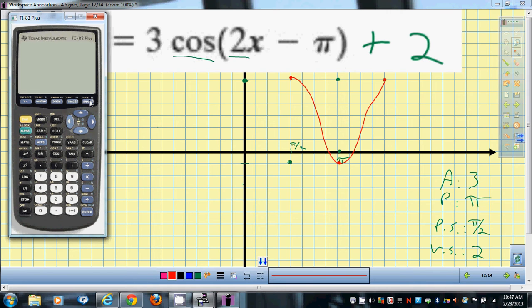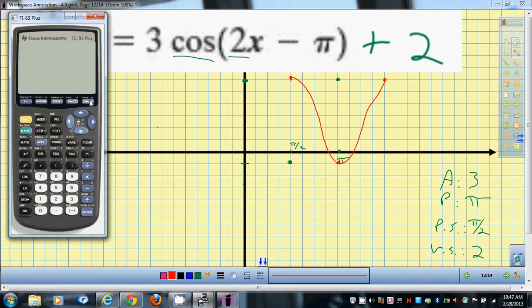Does anybody else have a calculator issue? No? All right.